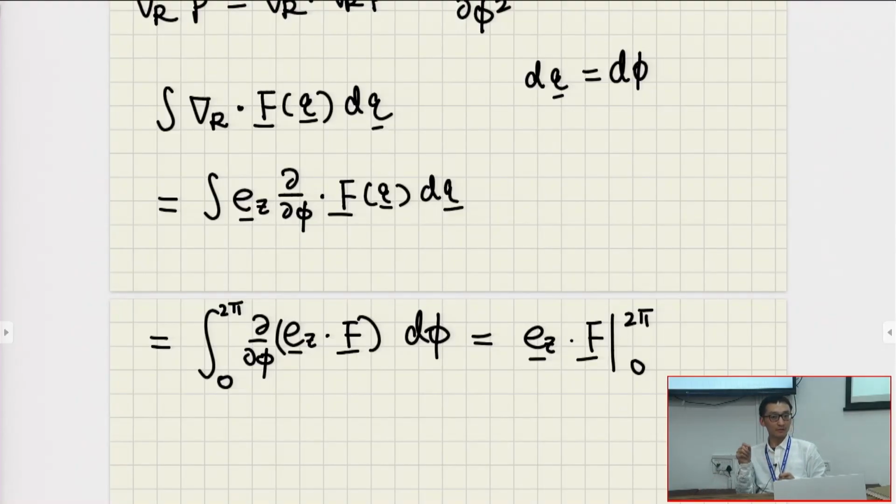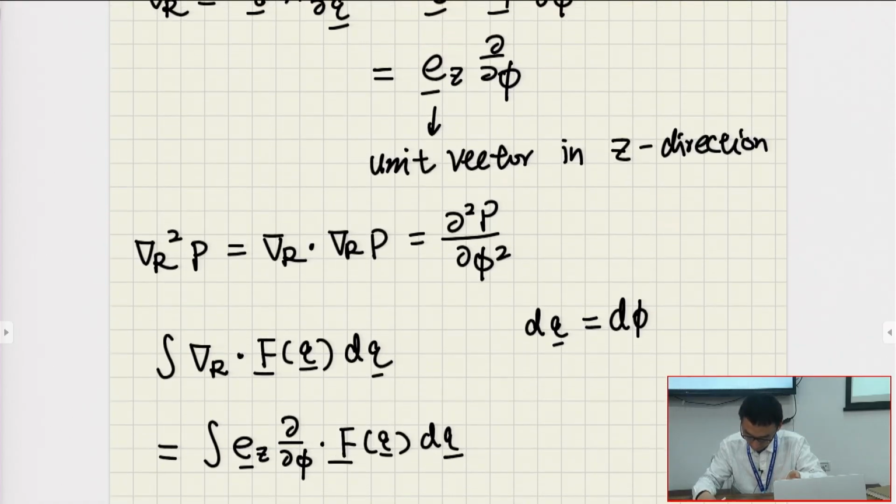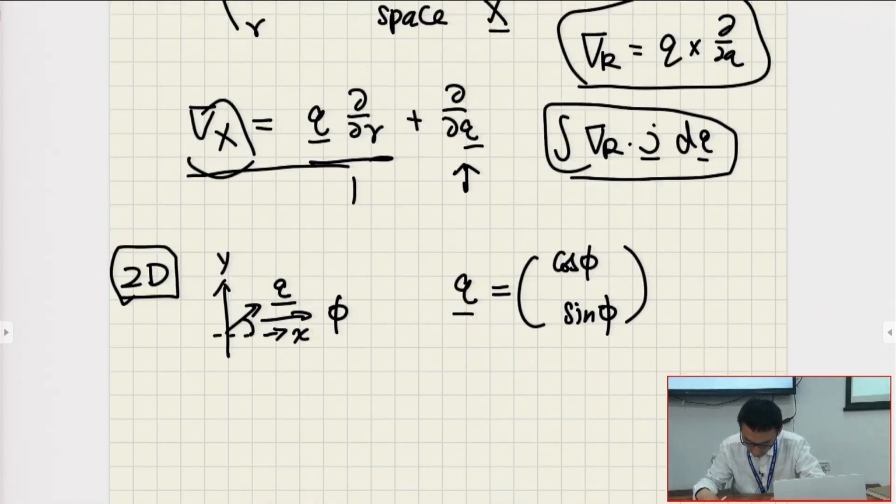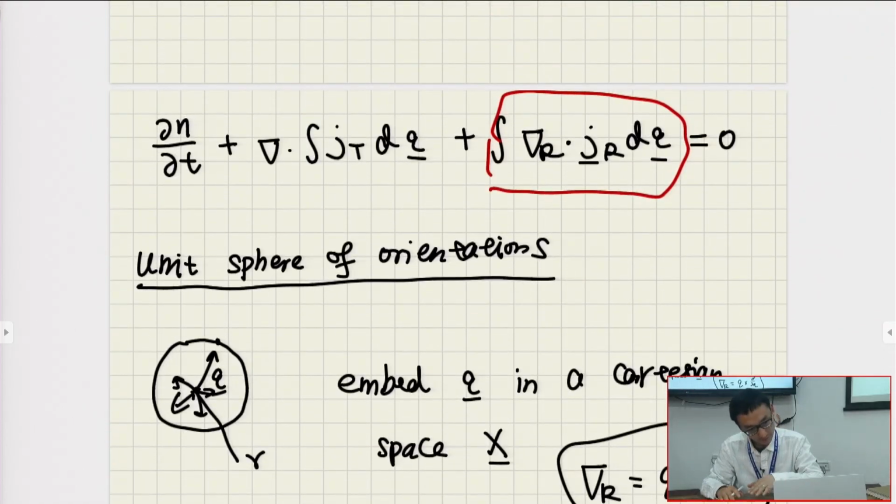A function of the orientation space is periodic. That's right, because the orientation doesn't matter how many revolutions you take. So angle 0 is equal to angle 2 pi, so this actually is 0. That's good, because what we're trying to calculate is we want to reduce the full equation into an equation for the number density.